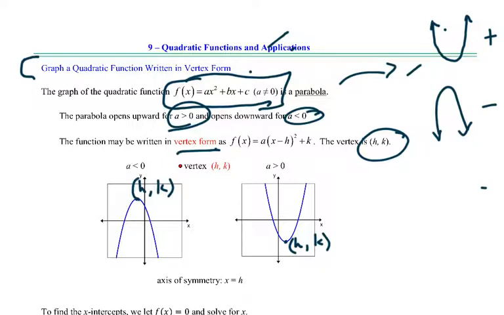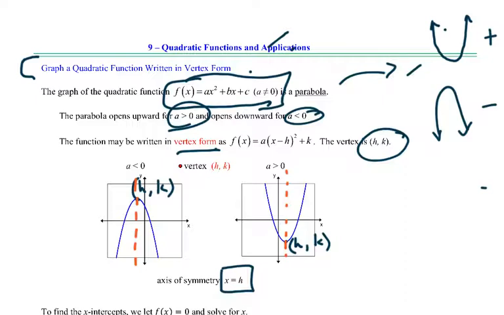Every parabola is symmetric over a certain axis of symmetry, and that axis of symmetry is equal to the vertical line x equals h. So I'm going to draw a dotted line through our parabolas to represent that axis of symmetry. Okay.